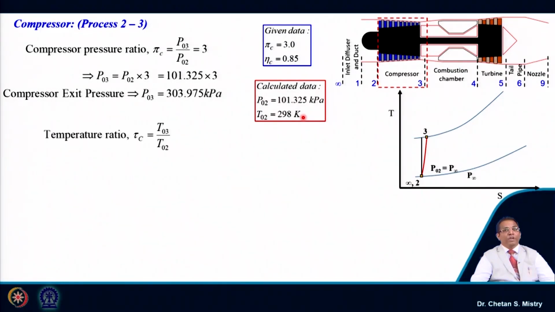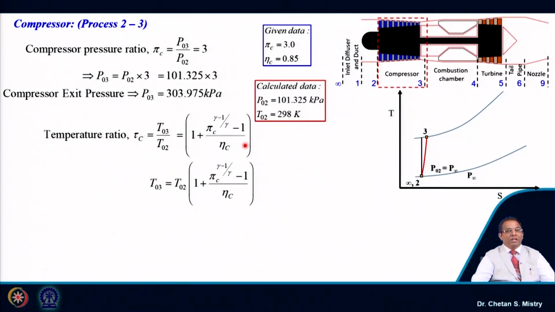Now, in order to calculate the temperature ratio, we know that it is a function of my pressure ratio and compressor efficiency. The pressure ratio is known to us, and the compressor efficiency is given. Here in this case, the adiabatic efficiency is straightaway given, so we will take that as 85%.